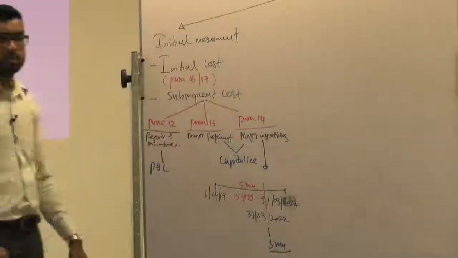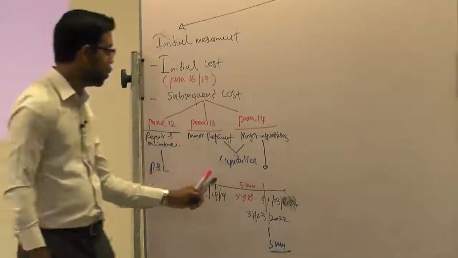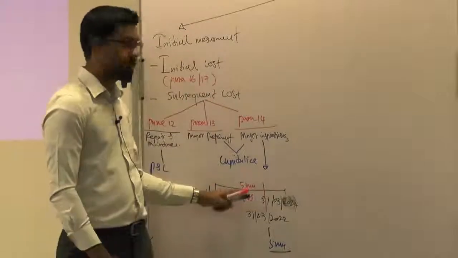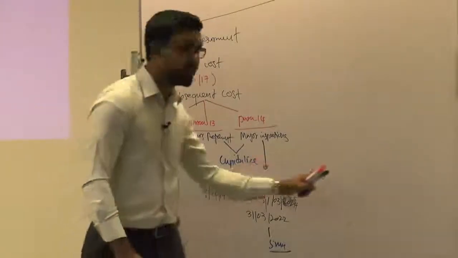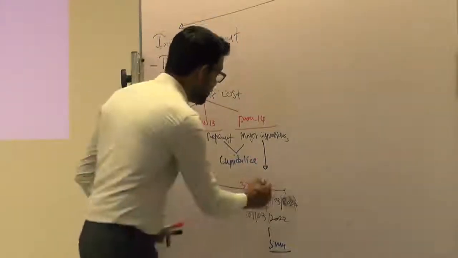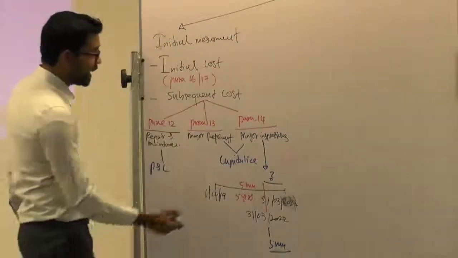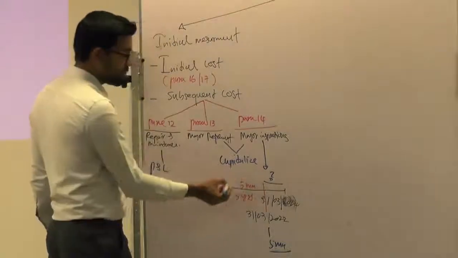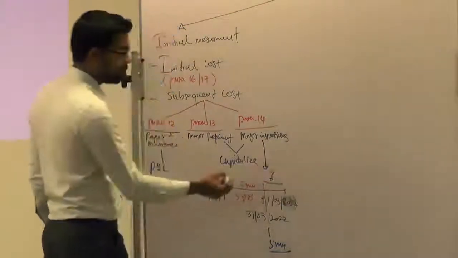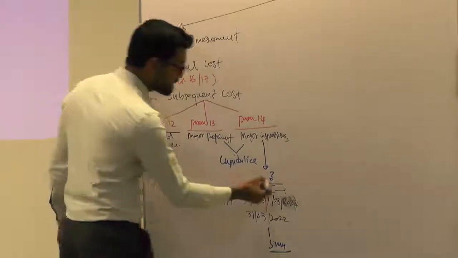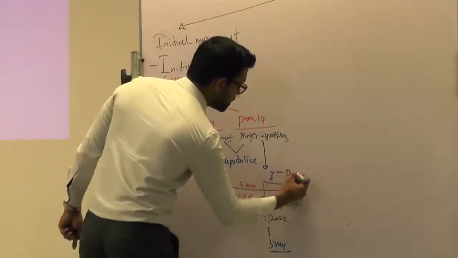So can you depreciate the previously recognized 5 million for the balance 2 years as well? You have another 2 years here. Question. The standard says, if you carry out a major inspection before 2024, you must derecognize this capitalization.